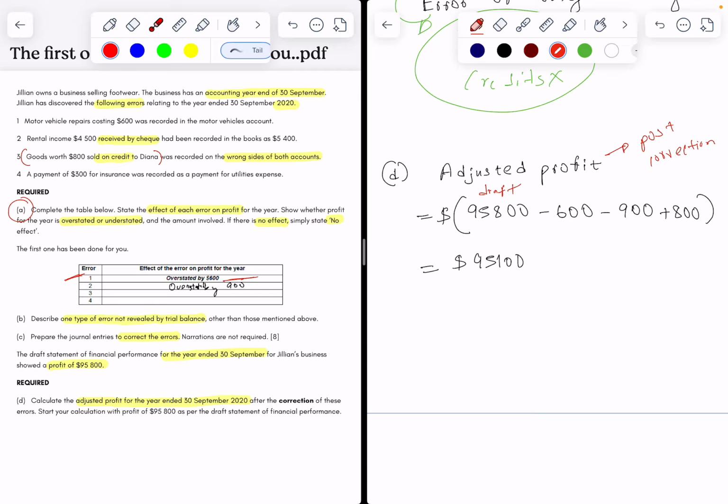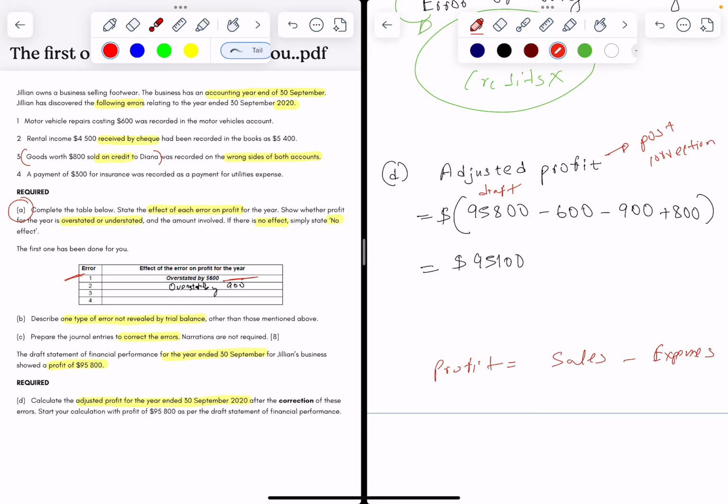So let's recall the corrections that we have done for the first error. When we corrected the first error, we increased our expenses, which was to increase the repairs expense by 600, right? So we understand profit is only affected by revenues and expenses.